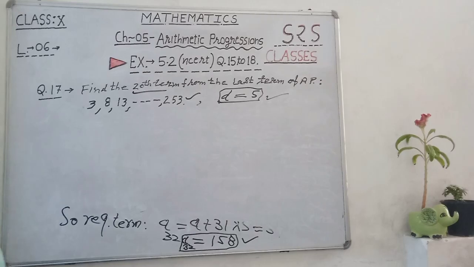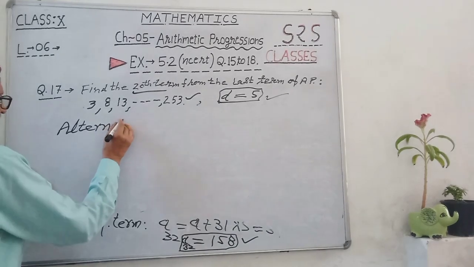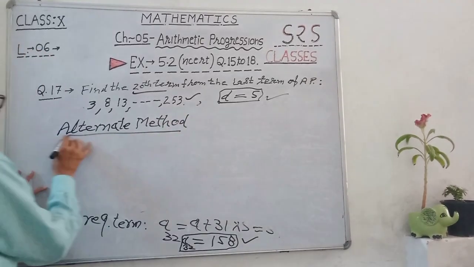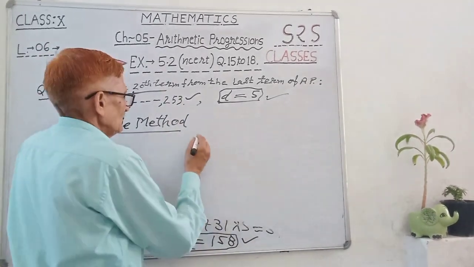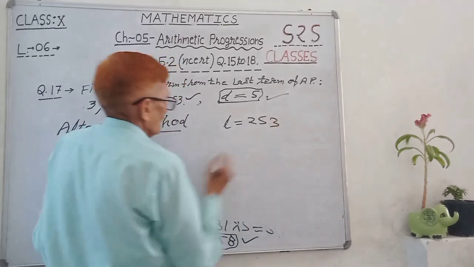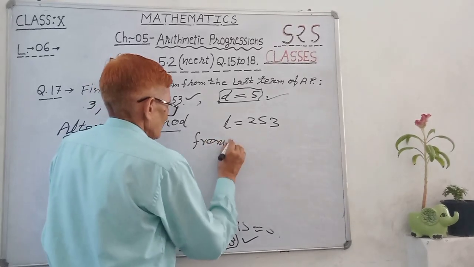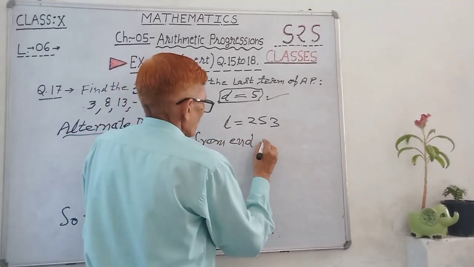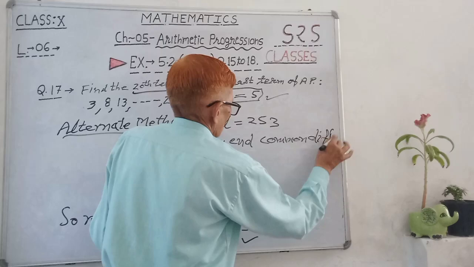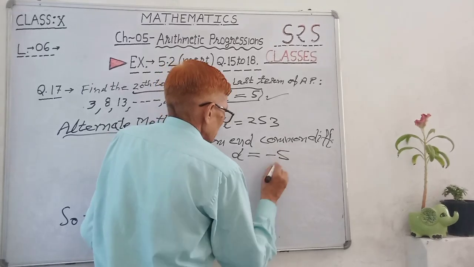Alternate method: from the end, directly, the last term L is 253. The common difference from the end, D will be, if from the beginning it is 5, from the end say minus 5, opposite.